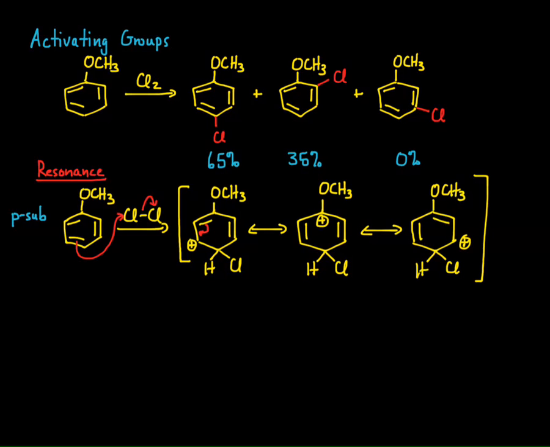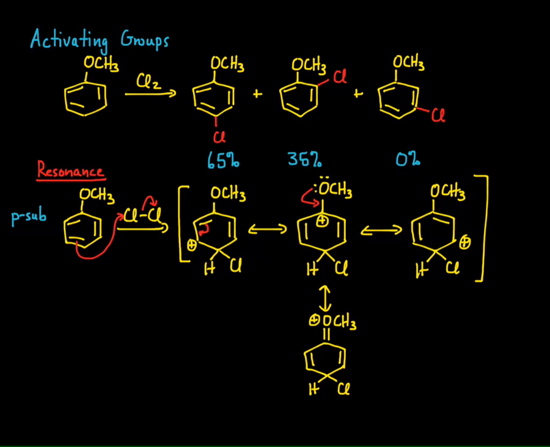Now, if I look closely, I see that I can draw another resonance structure. The oxygen has two pairs of electrons on it, and so through the pi system, I can donate a pair of electrons from oxygen onto that carbocation, and I get another resonance structure, where the positive charge is now taken off of the ring, placed onto the oxygen.